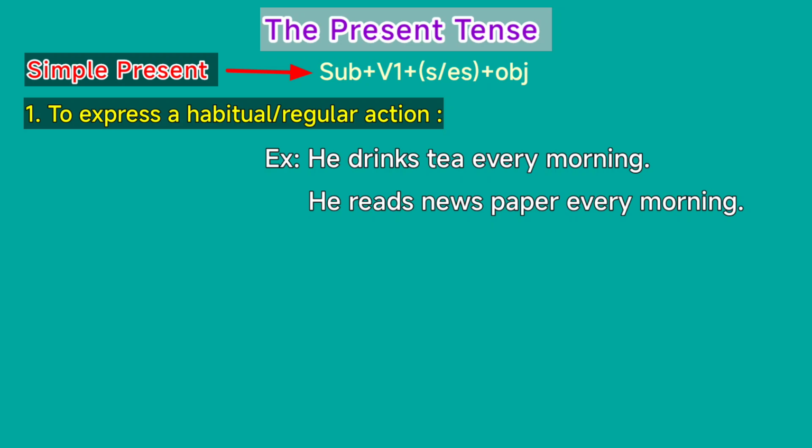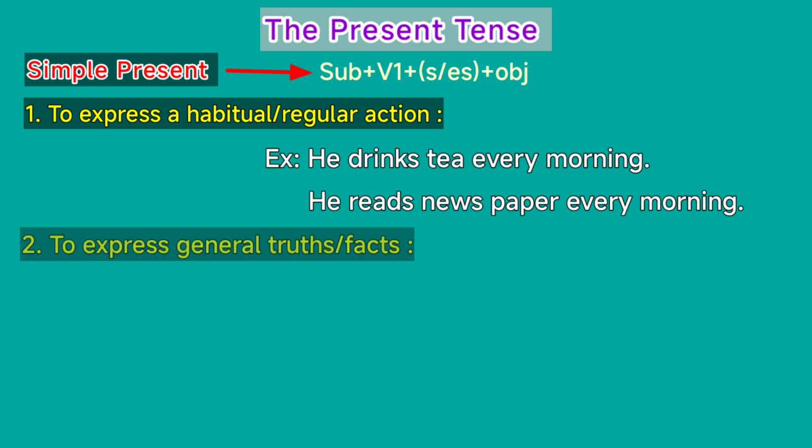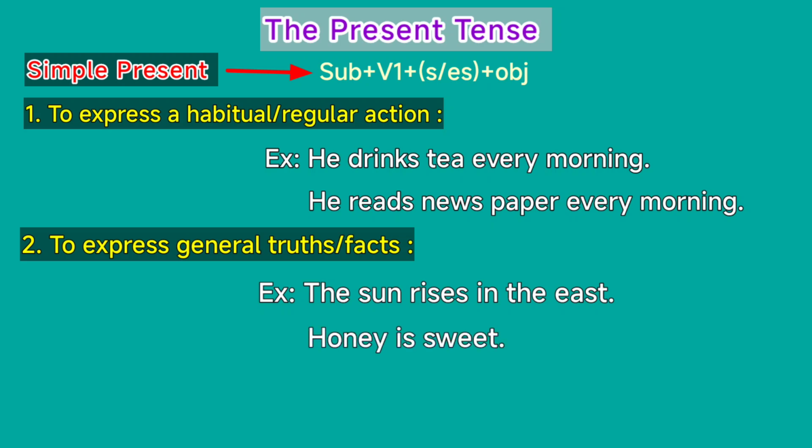Coming to the second case, we use simple present to express general truths or universal facts, like the sun rises in the east, of course a known fact to everyone. Honey is sweet. Here honey tastes sweet. It's also a fact that everyone knows. Fortune favors the brave.